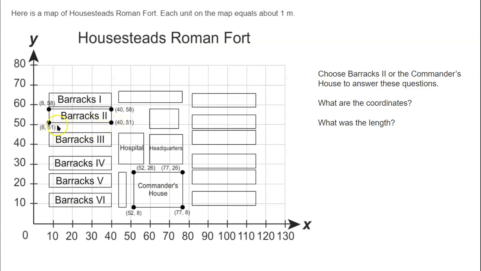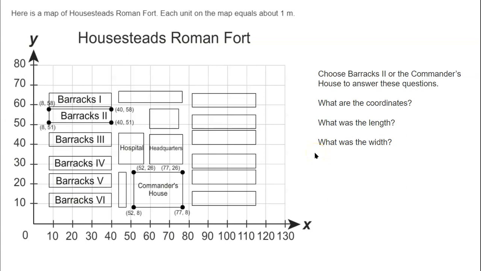Now we notice that it's not right on the line, so we cannot say that this is 3 units or 3 meters because it's not quite on the line here. So you're going to have to use the distance formula to determine the base.